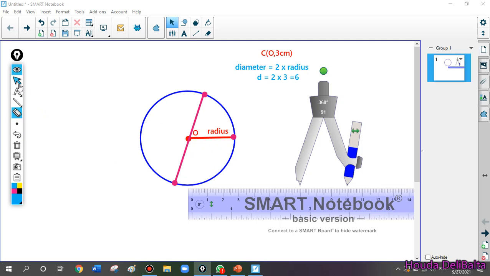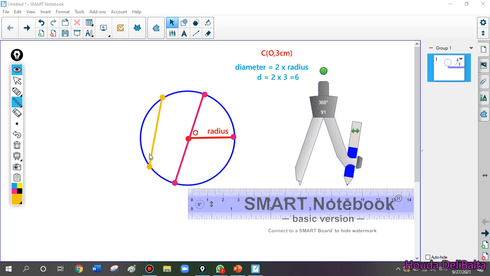Now I'm going to talk about something called the chord. Here I'm going to put a point here and a point here, and I'm going to join them by a segment. That yellow segment doesn't pass through the center.